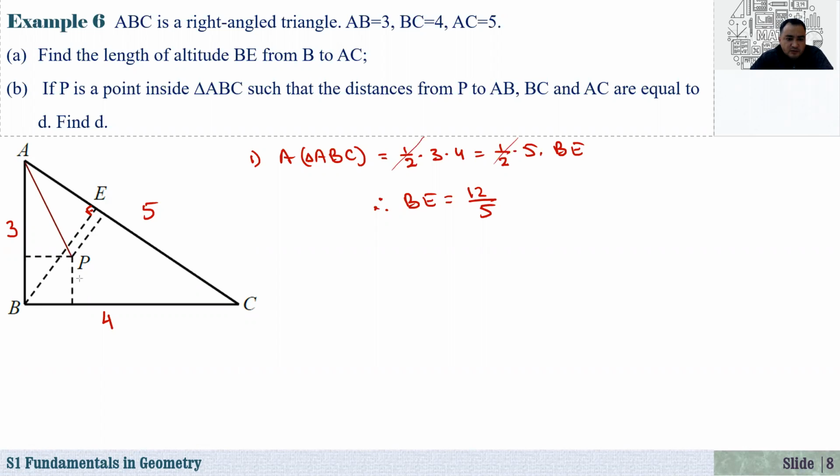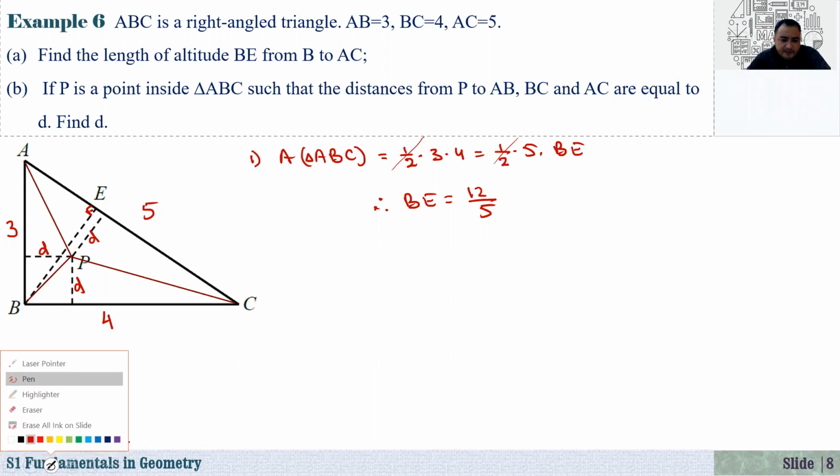We just join this one, and here we have another triangle, and here we have another triangle. So as you see here, the area of APB and the area of APC, the area PBC, right? It just forms the triangle. So since distances, this one is D, and this one is D, and this also D, and this also D. Simple, actually, these are the radius of an inscribed circle, right?